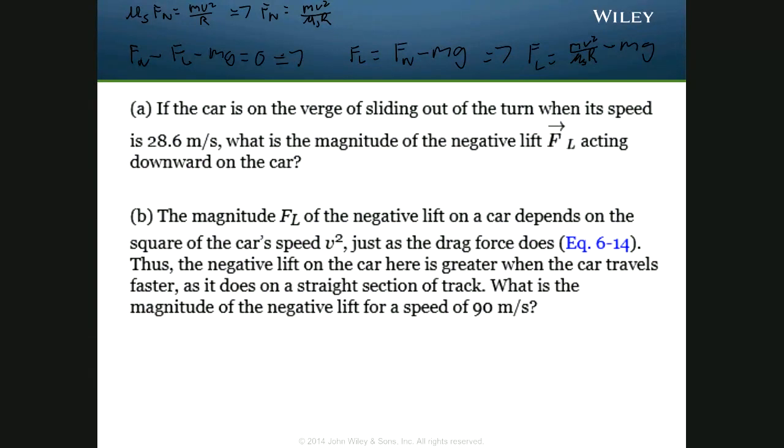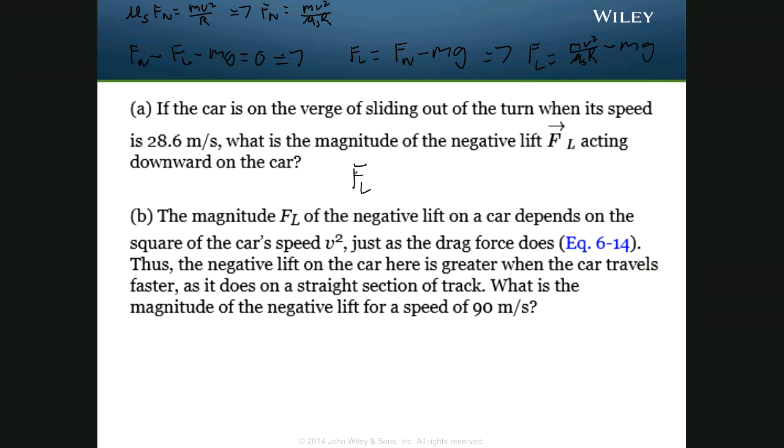Oh, you're on the right track, but here's what we have. We know our speed here and all the stuff we knew before that's given, and from here we found FL when the car is going on a circle. So now we want to know the magnitude of the new FL.